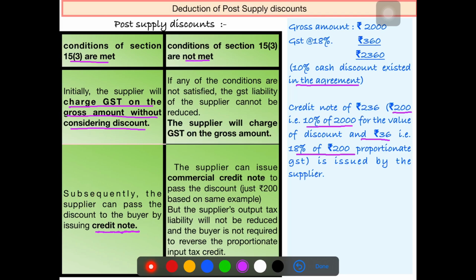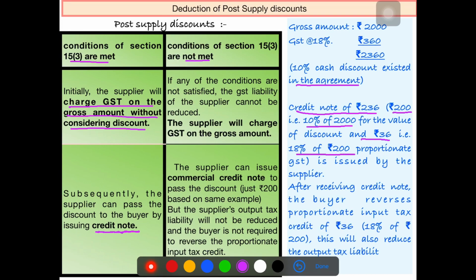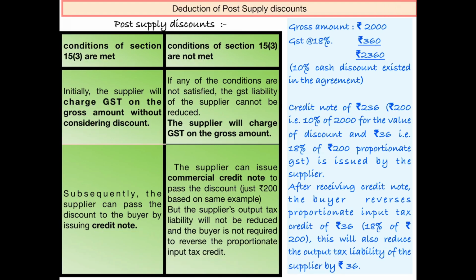The supplier will issue a credit note of rupees 236 to the buyer, that is the recipient of supply. After receiving the credit note, the buyer will reverse proportionate input tax credit of rupees 36, which is 18% of 200. This will reduce the output tax liability of the supplier by rupees 36.